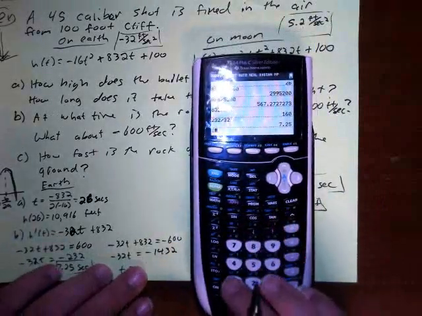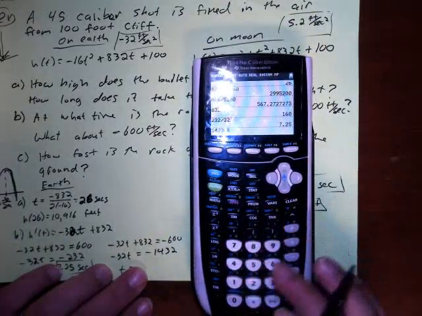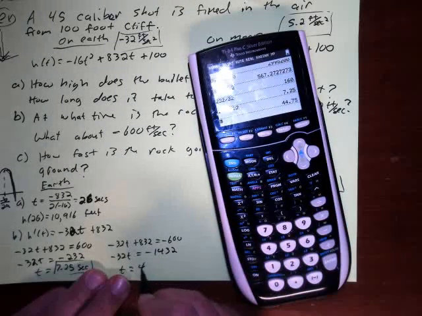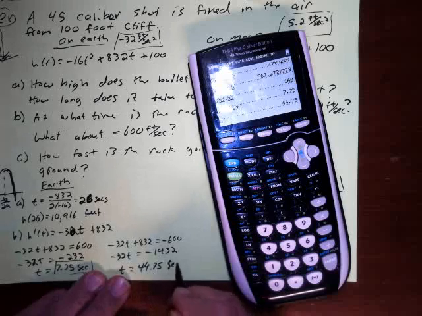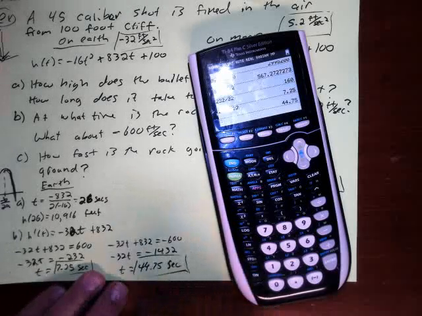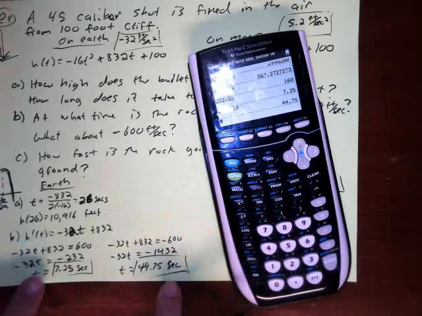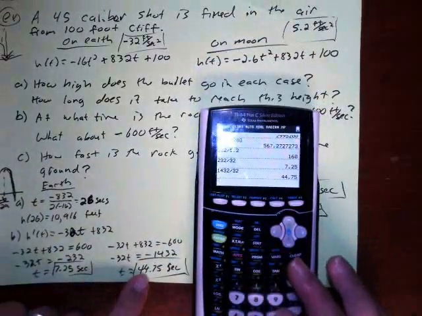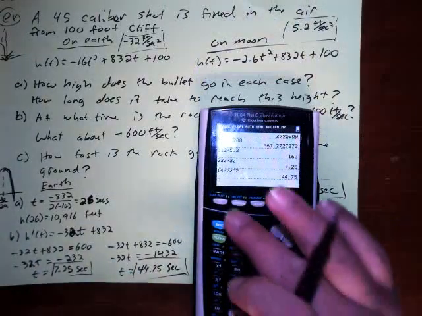So I would have 1,432 divided by 32. And I get 44.75 seconds. So this is when it's positive 600 feet per second. This is when it's negative 600 feet per second.